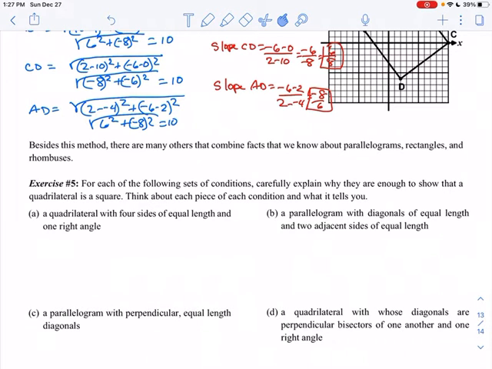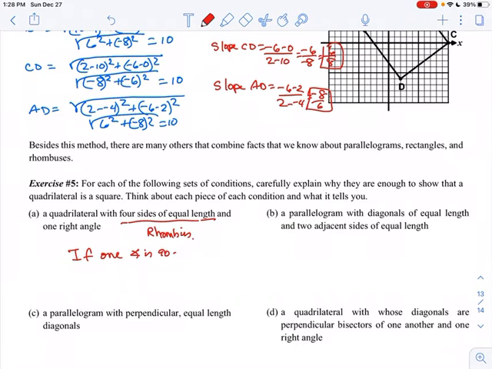Each of the following sets of conditions explains why it's enough to show that a quadrilateral is a square. Think about what each thing is telling us. A quadrilateral with 4 sides of equal length, well, that right there makes it a rhombus, and it has one right angle.